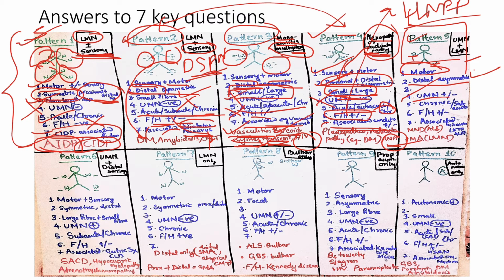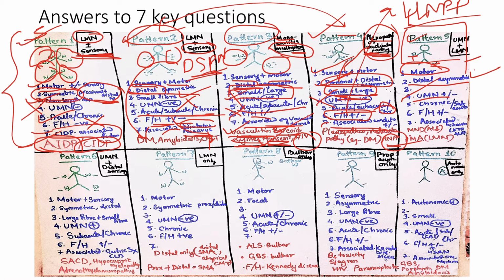You should never think of a motor neuron disease if it is only LMN findings. Very, very uncommon. But definitely you can think of ALS if you have a combination of UMN plus LMN findings.